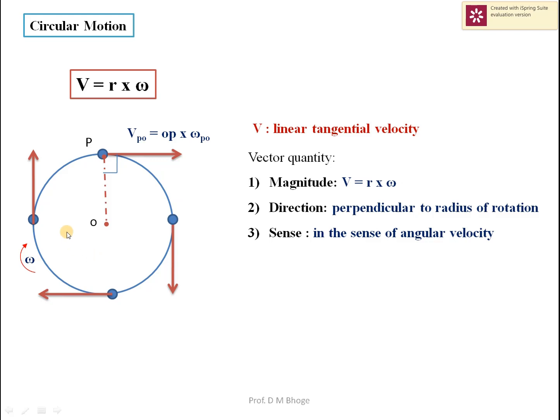In this case, omega is clockwise, so this vector is pointing towards the right. So V, linear tangential velocity, magnitude R into omega, direction is perpendicular to radius of rotation, and it will point in the direction of omega. You will always remember this.